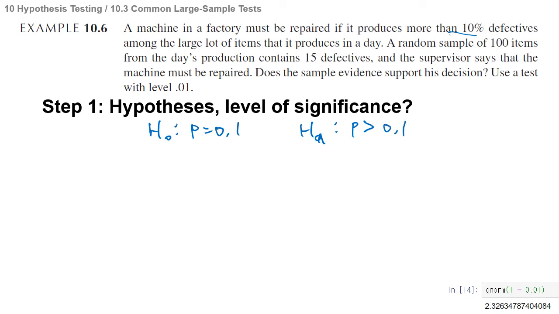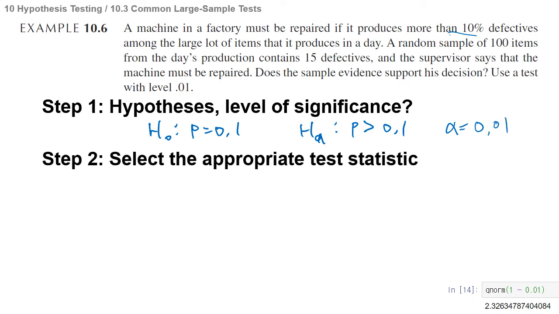So the error rate is over 0.1, so it should be repaired, and we want to test this with alpha level 0.01.